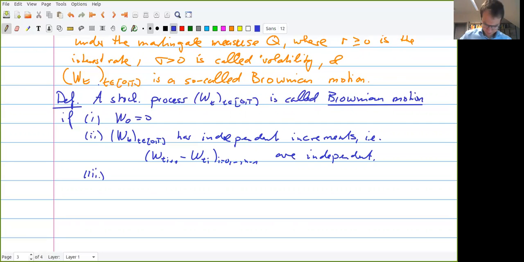Third property, the increments. Okay, now you know what increments are. Increments are stationary and normally distributed.